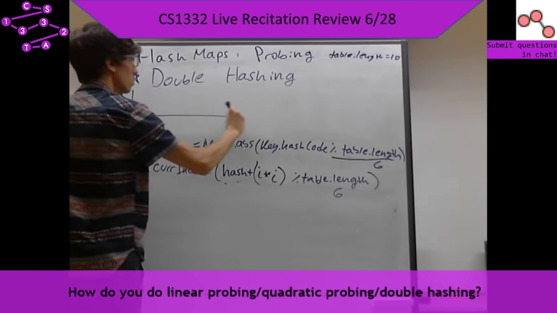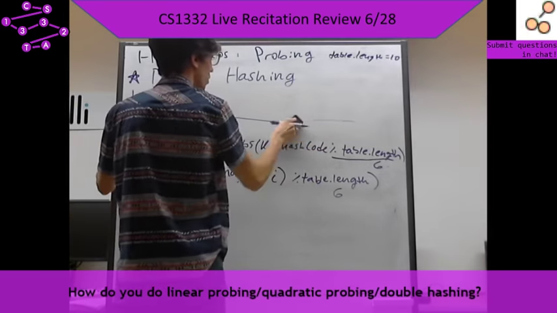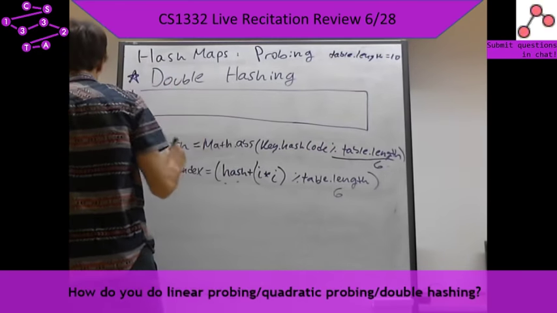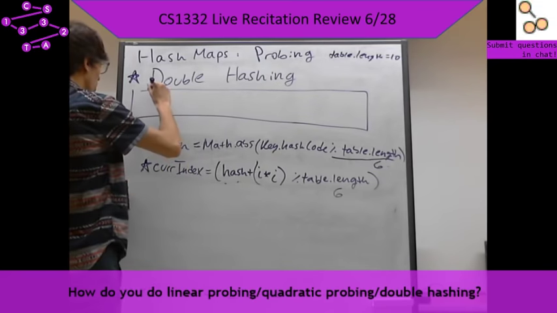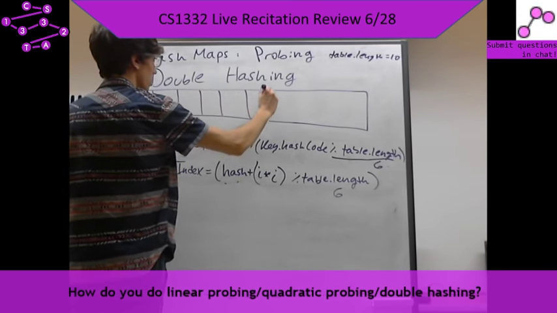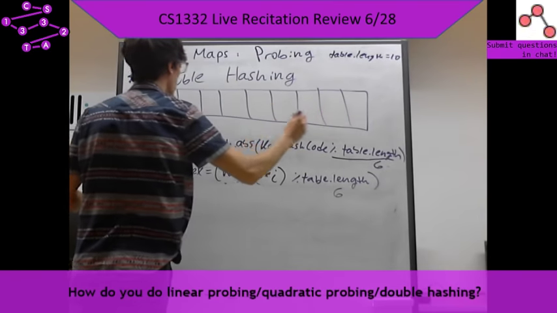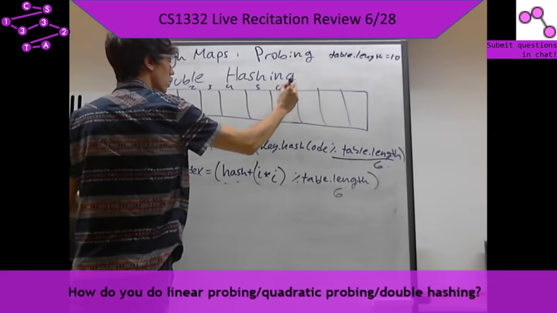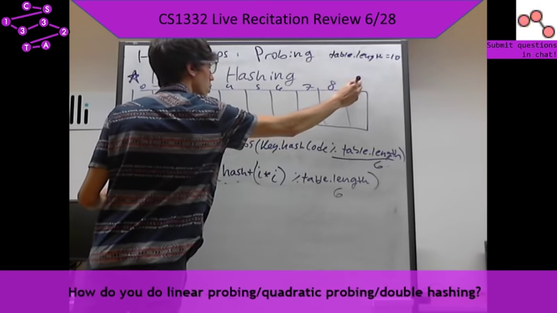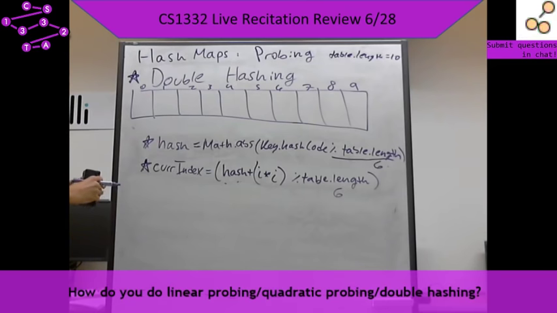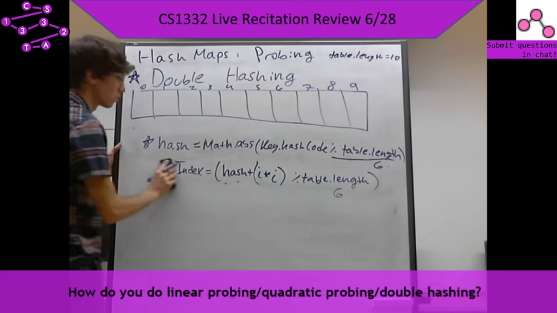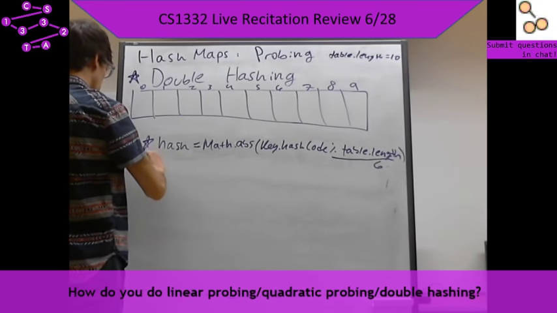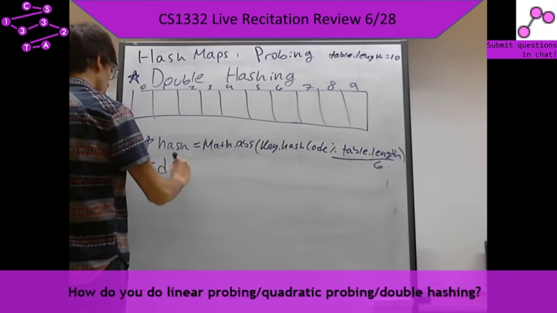But if you're dealing with a bunch of hashes that are exactly the same, quadratic probing will still have just as many collisions versus double hashing. If your second hash function gives you a different value for objects that give you the same value for your first hash function, it depends on what that second hash function is. Then you can potentially get even elements that have similar hash codes to be spread out or go in different places, which is an advantage of double hashing over the others.